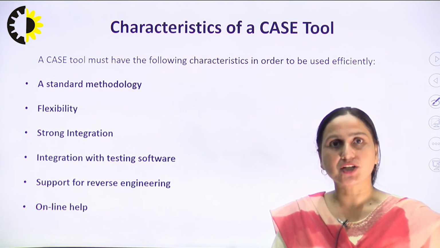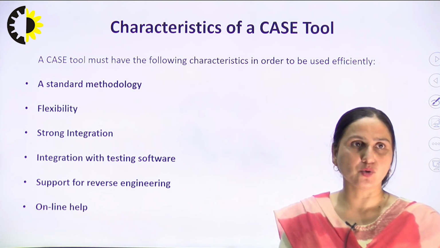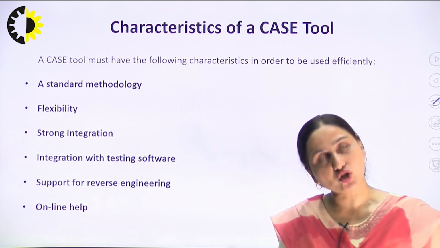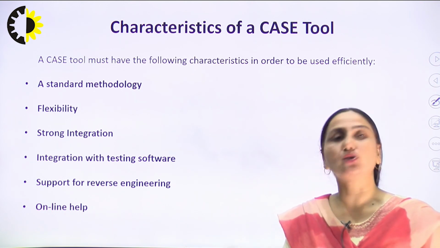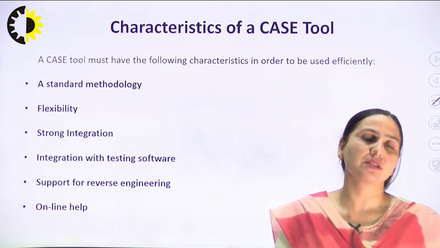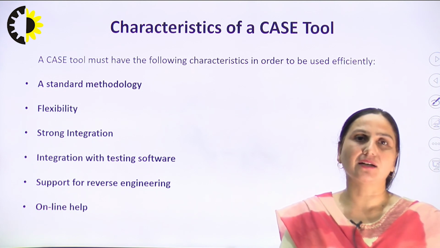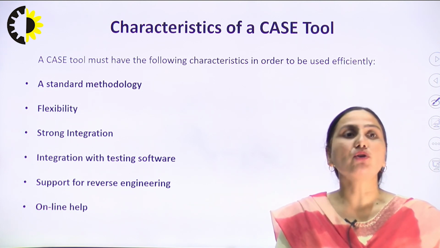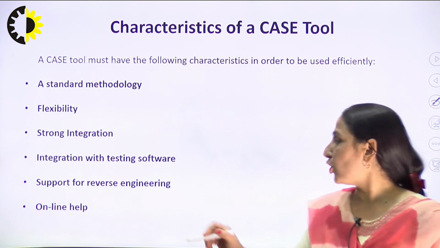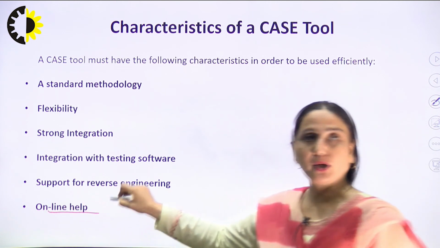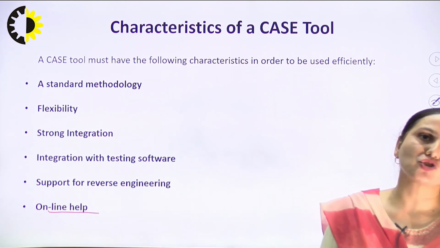Strong integration among different types of CASE tools that we will be using. Integration with the testing software, the software that is basically used for testing the system or the software that we have developed. Support for reverse engineering is also there, and again online help is also basically provided. So these are the different types of characteristics of the CASE tools.